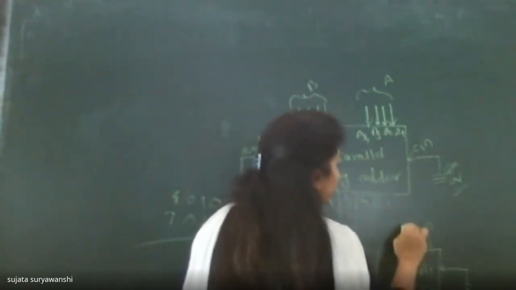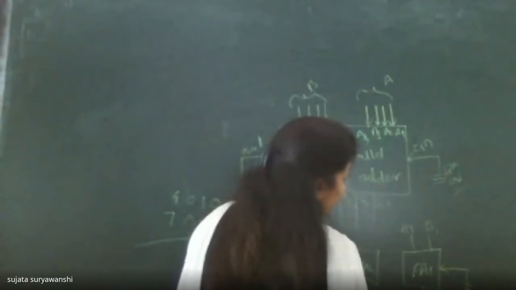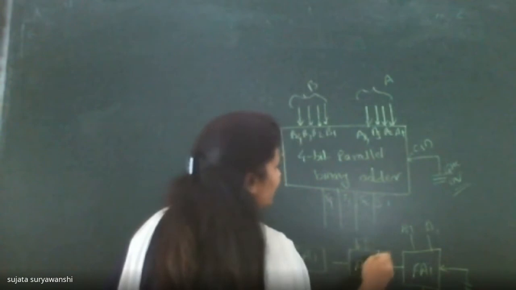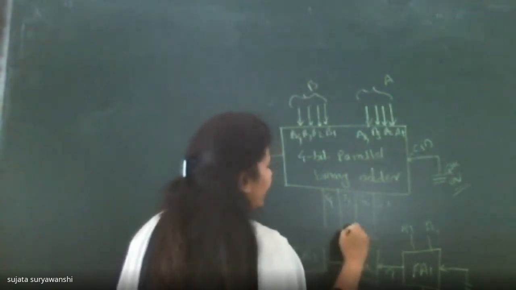And here Cin, as we can see, is connected to ground, so permanently you should connect it to ground. Then the first adder takes two inputs, that is A1, B1, and it generates output S1. And the second output is C1, which is given as input to the next full adder. Similarly, it takes another two inputs, A2 and B2, and generates S2.